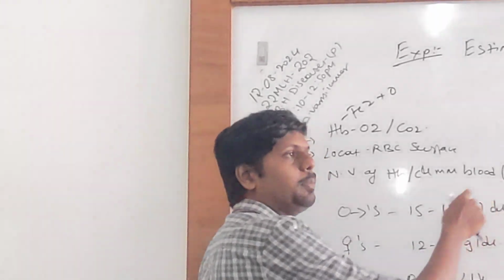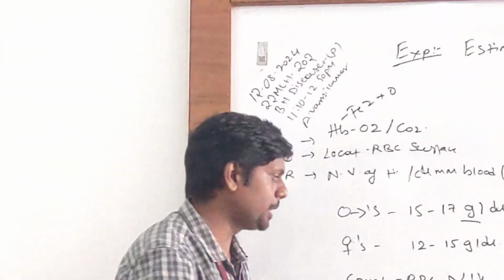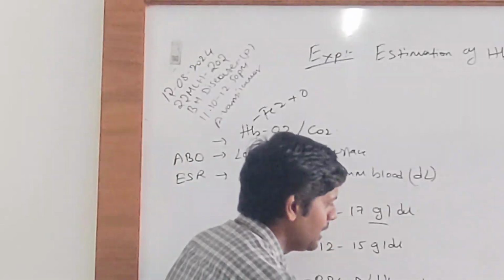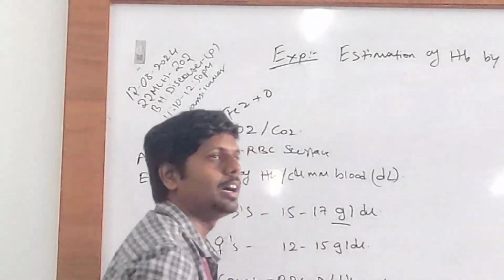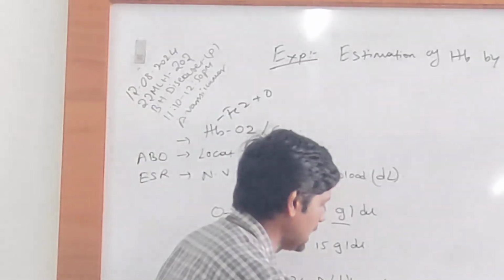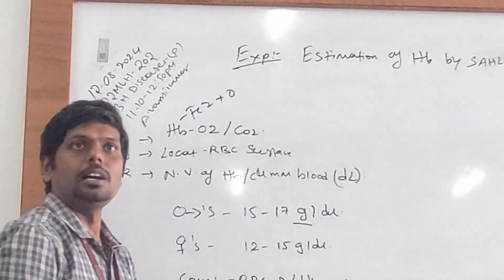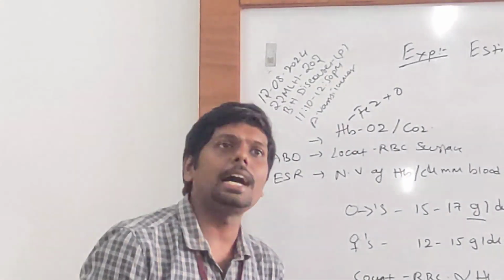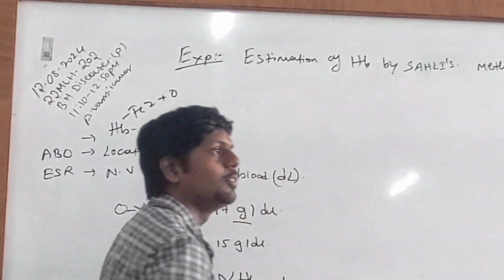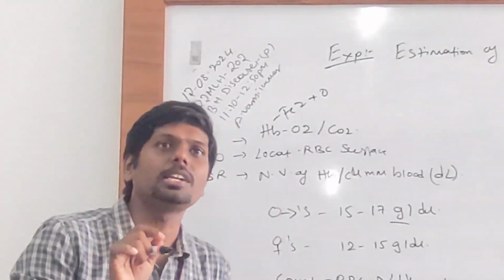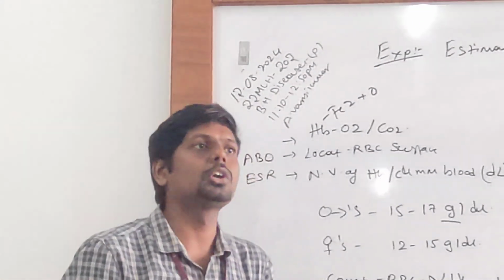per deciliter of blood. Sometimes HB will be less than the normal value, and sometimes HB will be more than the normal value. Less than normal is called hypo. What is the scientific term for color? Chrome.